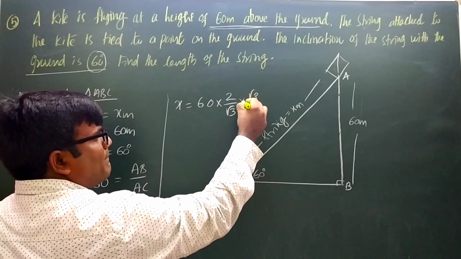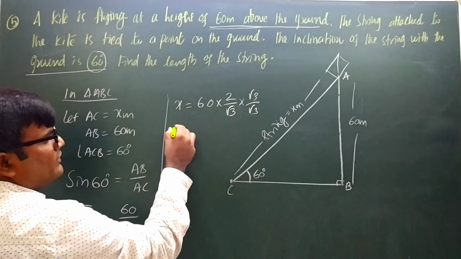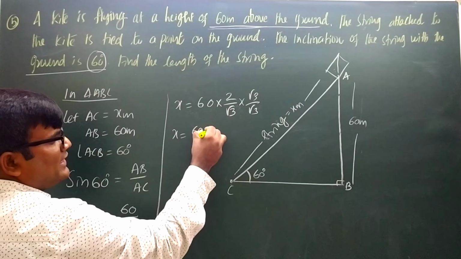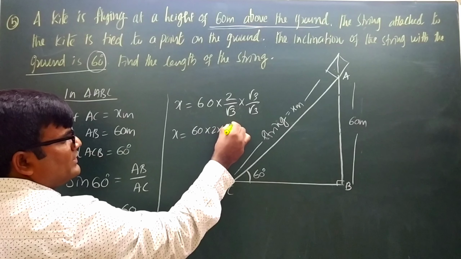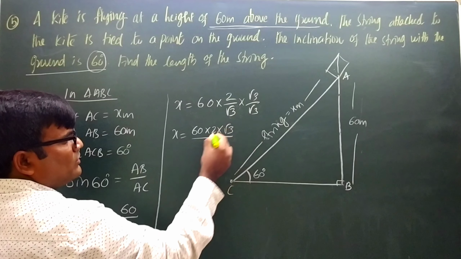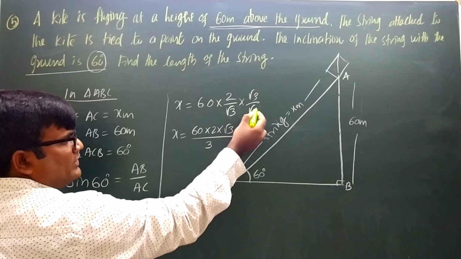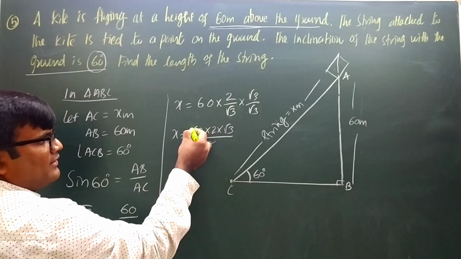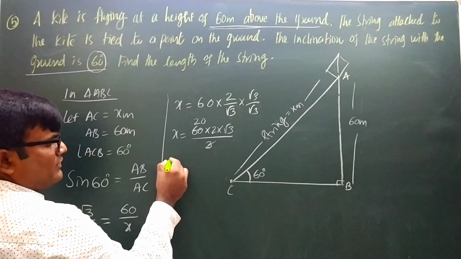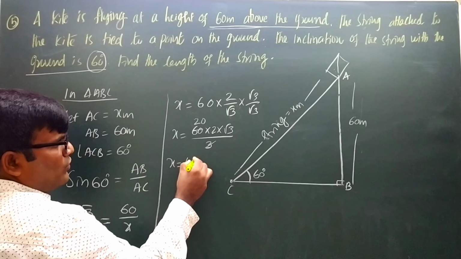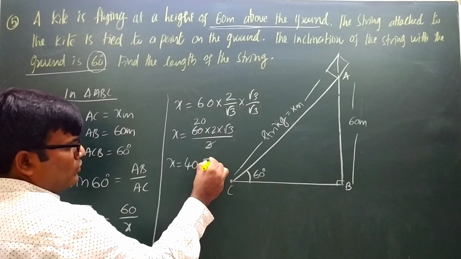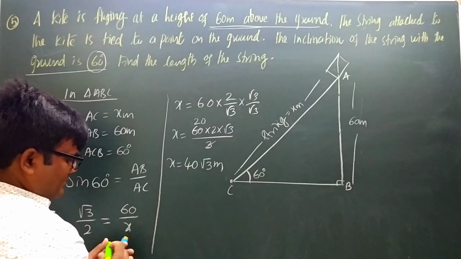Rationalize by root 3 by root 3. So x is equal to 60 into 2 into root 3 by root 3 into root 3, which is 3. Root 3 into root 3 is 3. 3 twenties are 60. So x is equal to 40 root 3 meters.